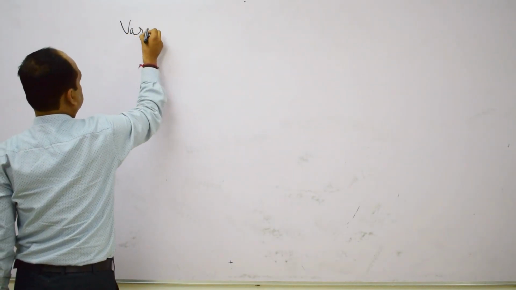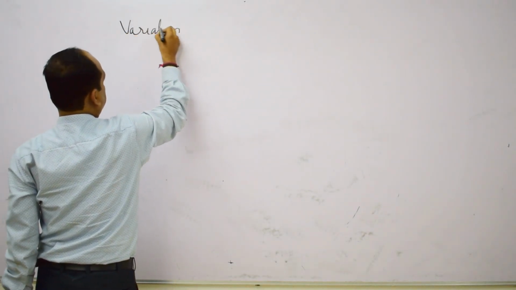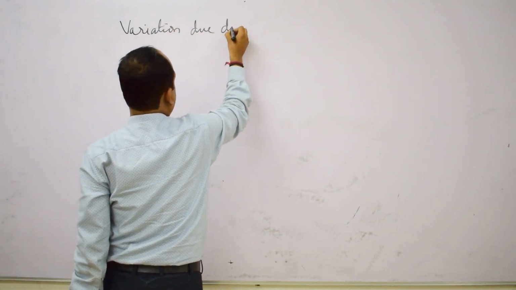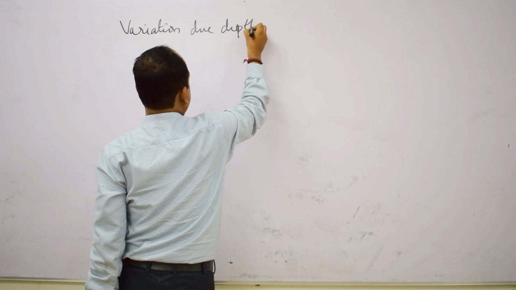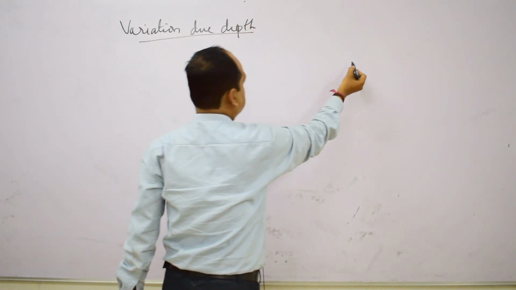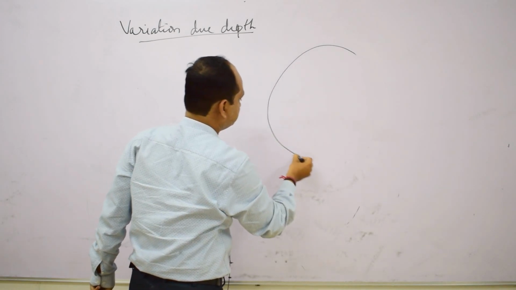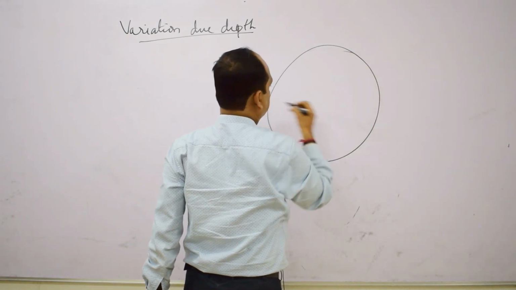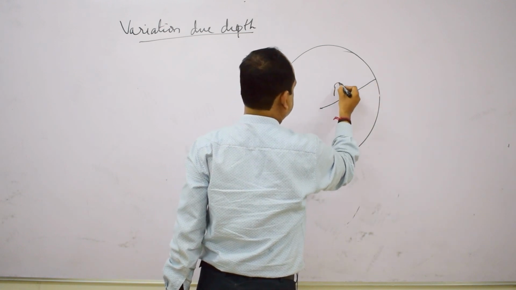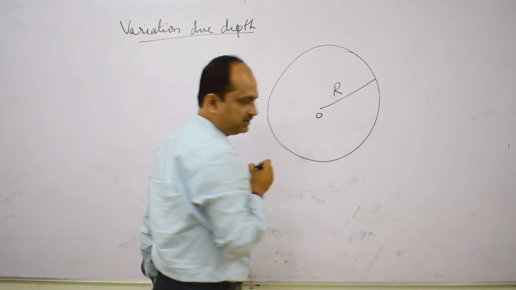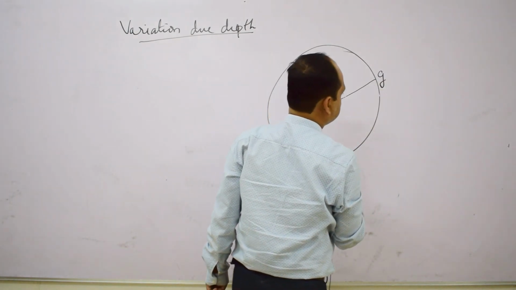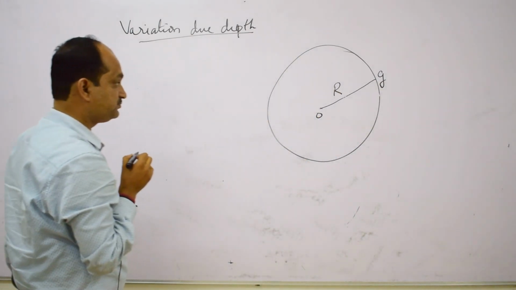Variation due to depth. Now suppose we have this earth and its radius is R. This is the center, and at the surface of earth the value of g is small g.